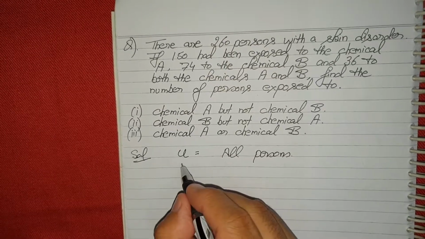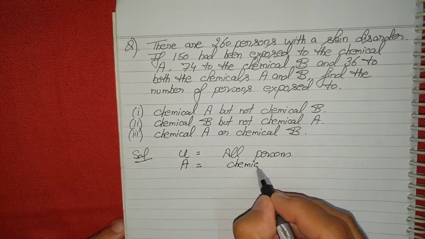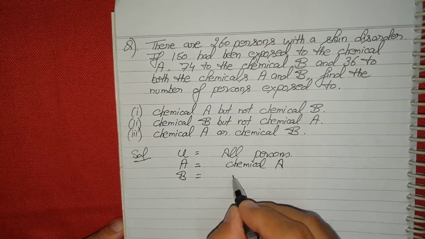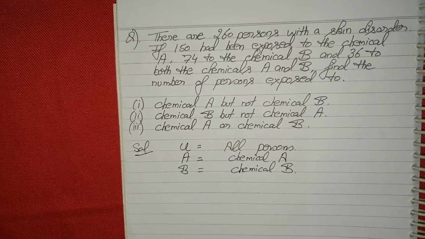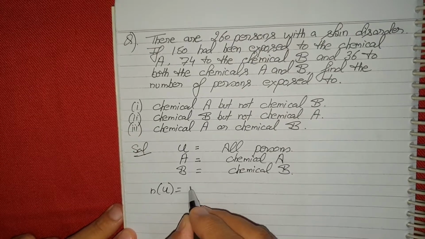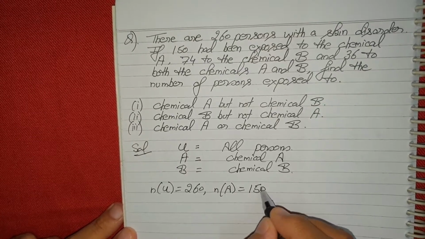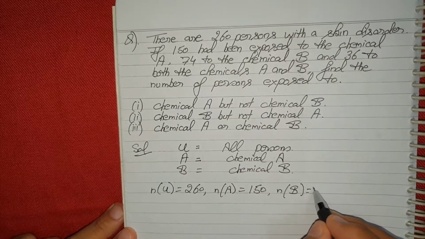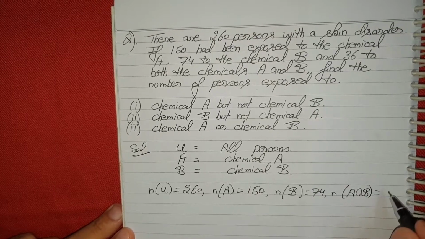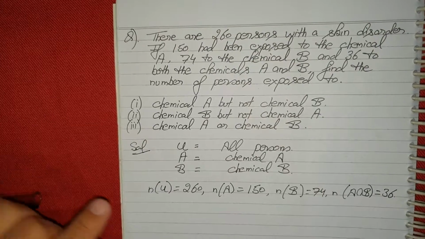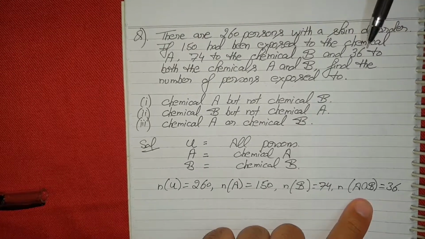Now A represents the persons who are exposed to chemical A, and B represents those exposed to chemical B. So by the given information, we have N of U is 260, N of A is 150, N of B is 74, N of A intersection B is 36.